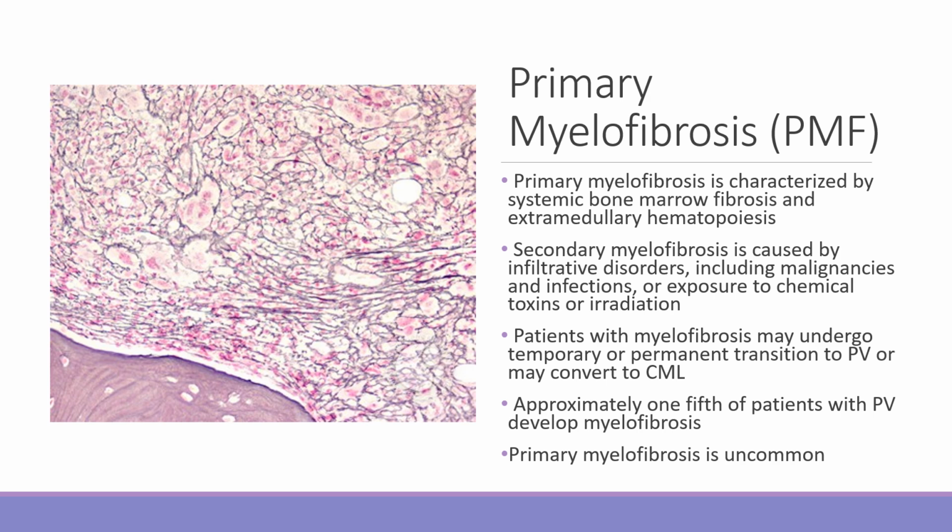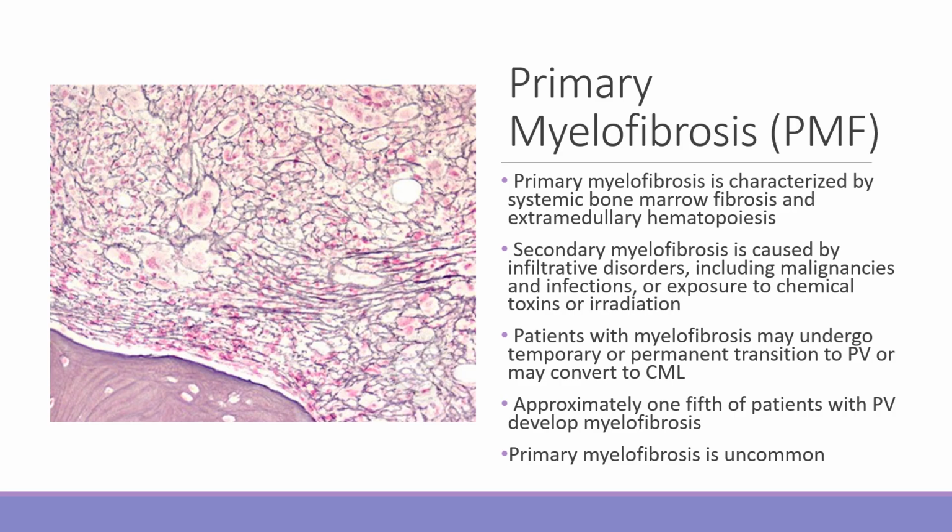We don't see it very often, but about one fifth of patients with polycythemia vera will develop myelofibrosis, and part of that is because it basically overworks the bone marrow with that proliferation of red cells, myeloid cells, and megakaryocytes.